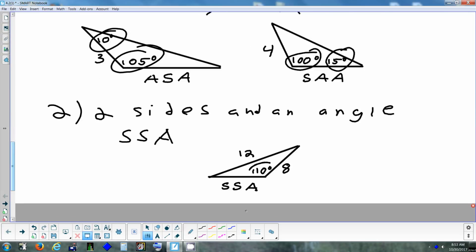So here's the angle they gave you, and it is not the angle that's formed by the two sides that are given. If they gave you this angle right here, that would be a side, angle, side. That's a different problem. You can't solve that with what we're learning today and tomorrow.